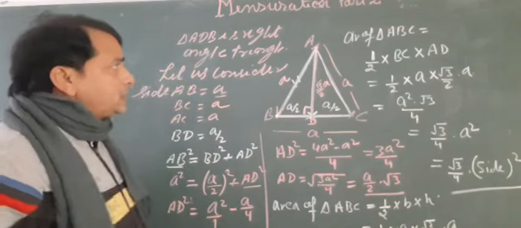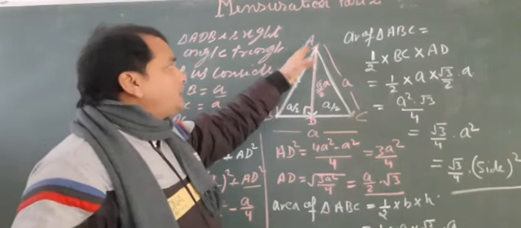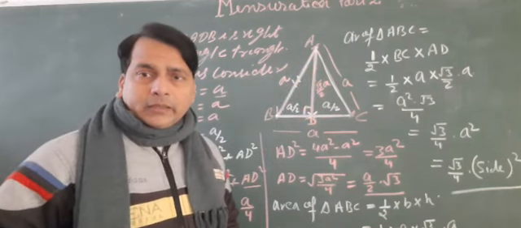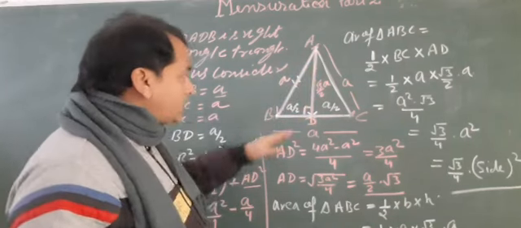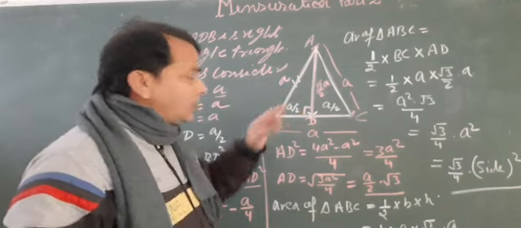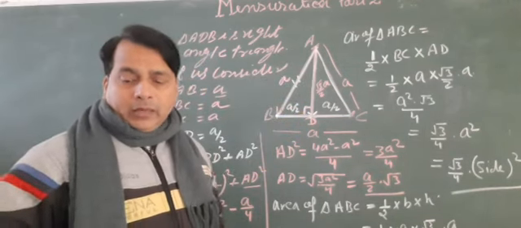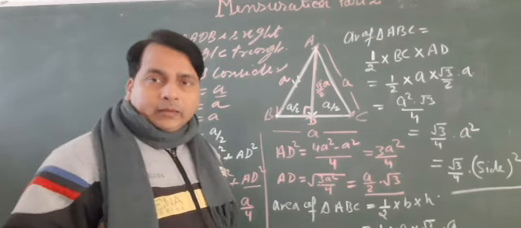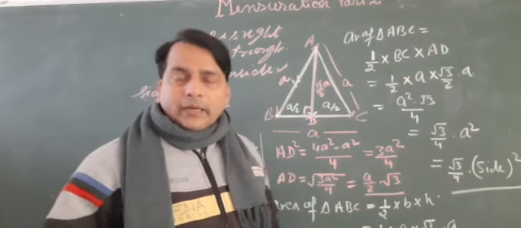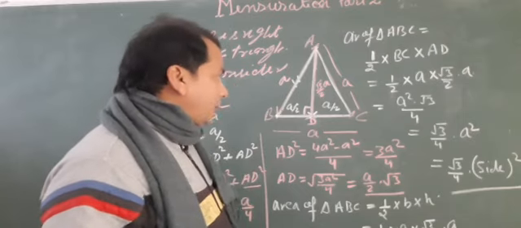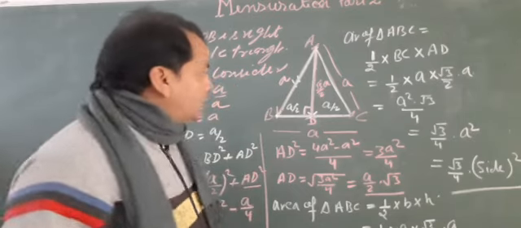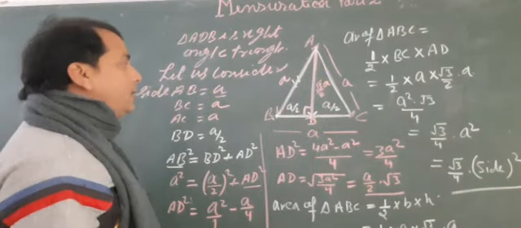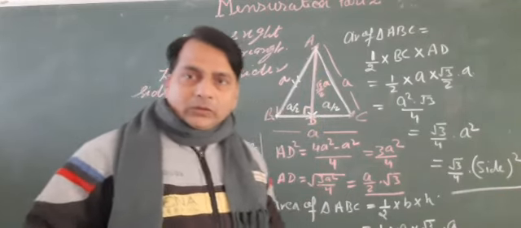So in this situation, triangle ADB is a right angle triangle, because angle ADB equal to 90 degree, and we know that if in any triangle one angle is 90 degree, then the triangle is known as a right angle triangle. So in this case triangle ADB is a right angle triangle, and apply the Pythagoras theorem.